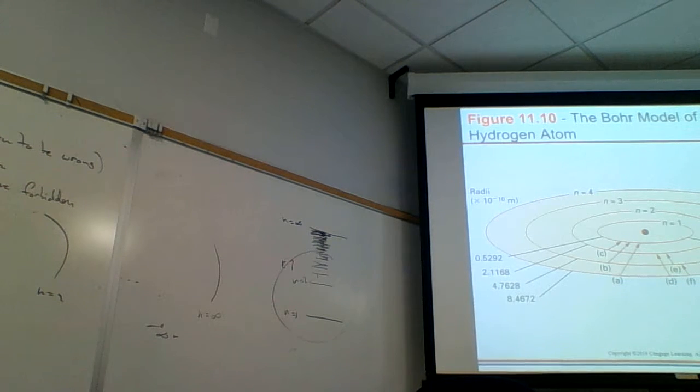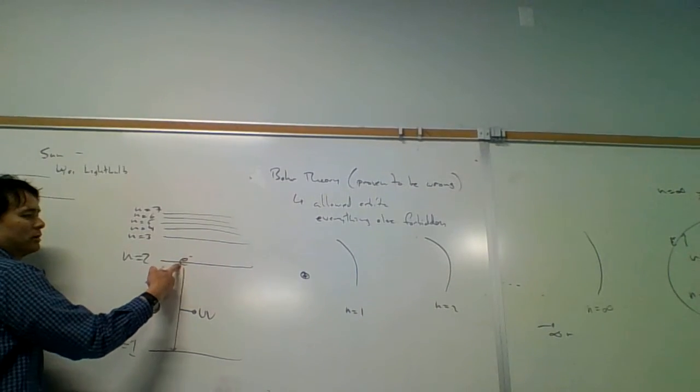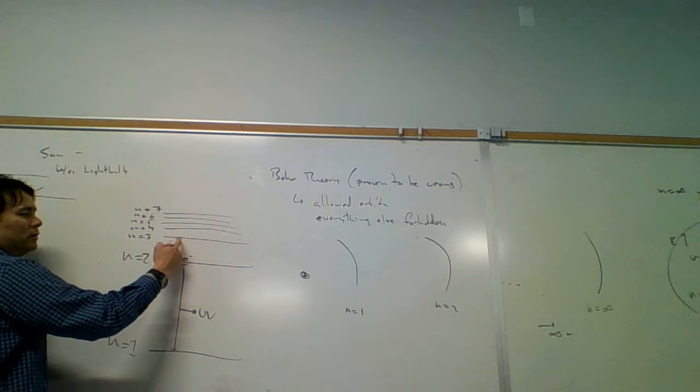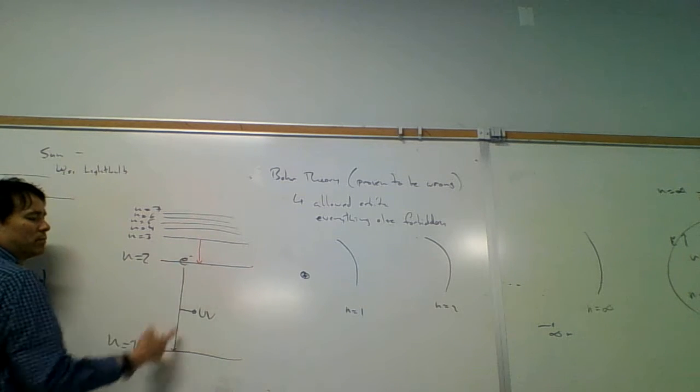However, if we go 3, 4, 5, 6, 7, so this would be n equals 3, n equals 4, n equals 5, 6, n equals 7 here. Then the allowed energies correspond to what we call electron transitions. And so if the electron jumped from here up to here, n equals 3, when the electron gets to the third floor, it could drop to the second floor, or it could drop to the first floor.